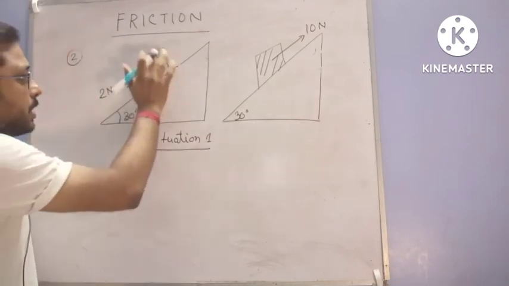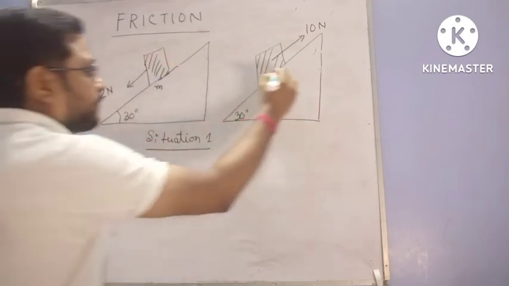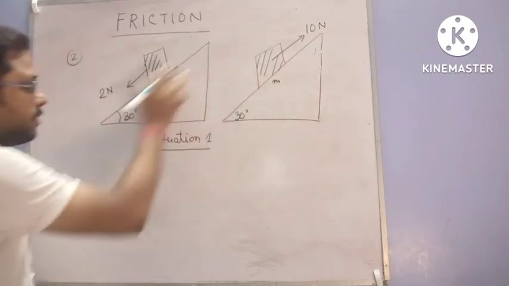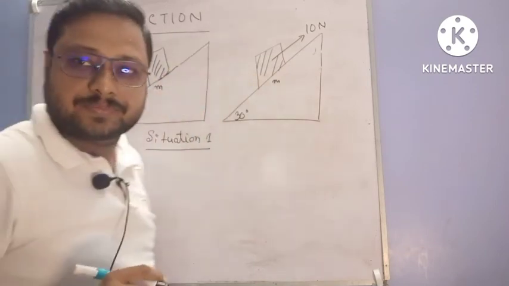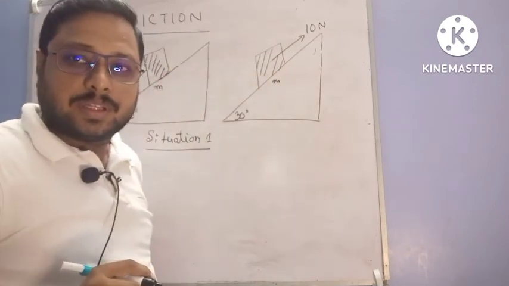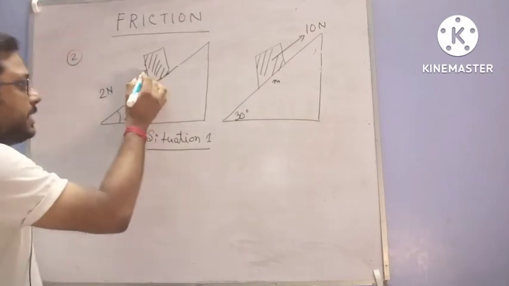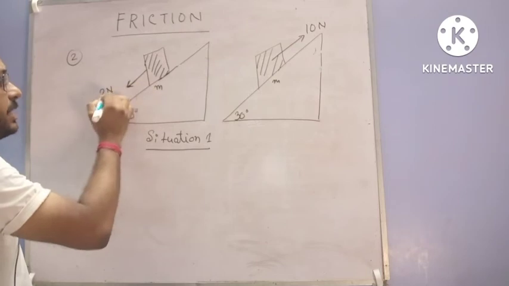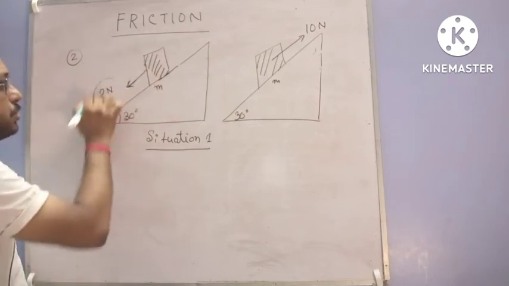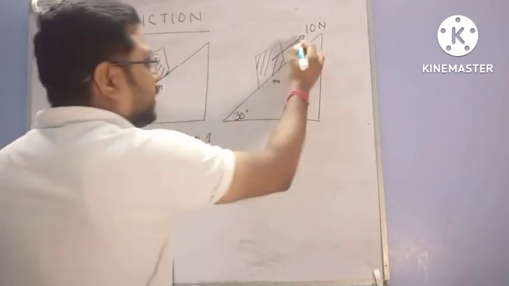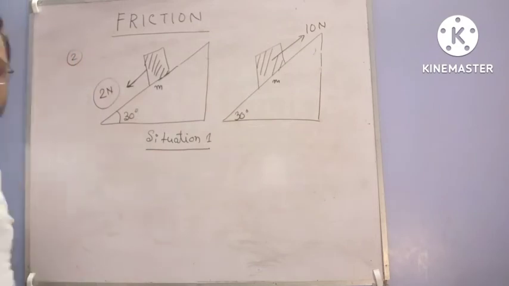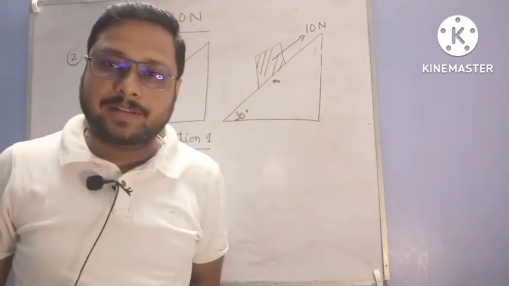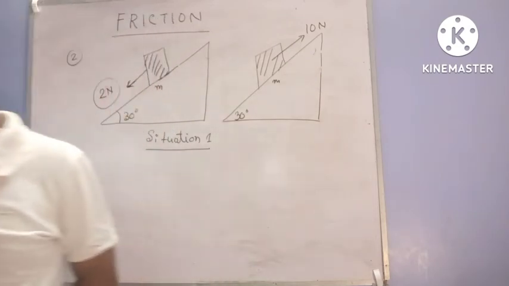A block of mass, suppose M, is placed on an inclined plane. If the block remains stationary, then the force required in the downward direction is 2 Newton, but in the upward direction it is 10 Newton.